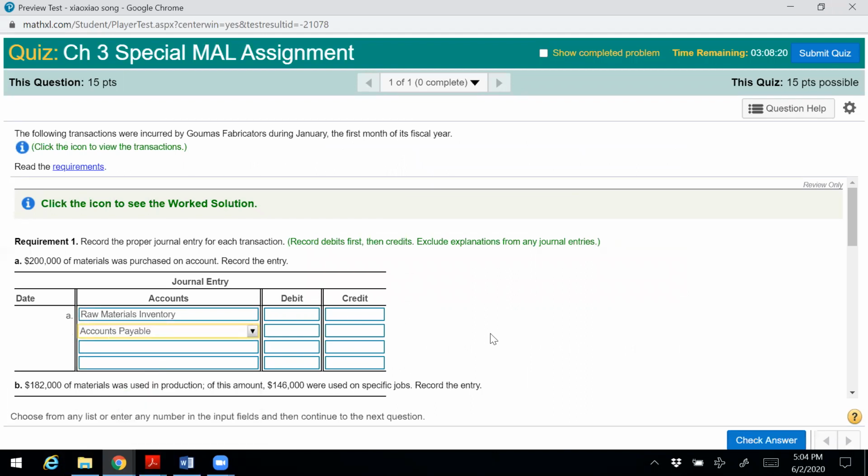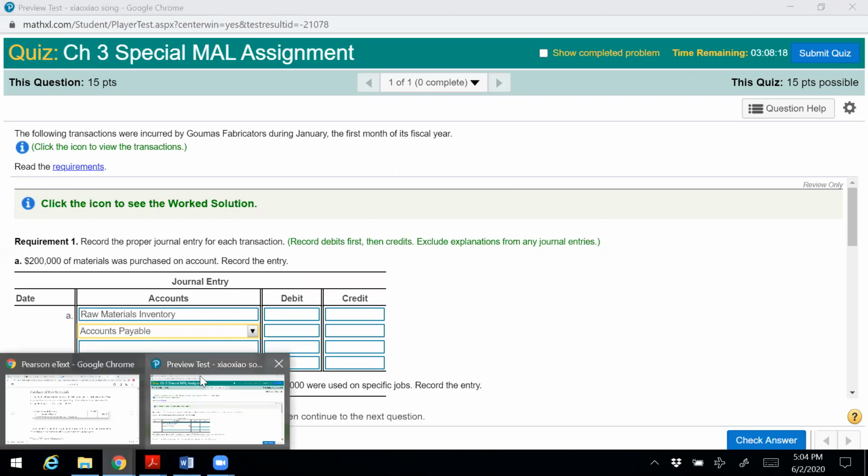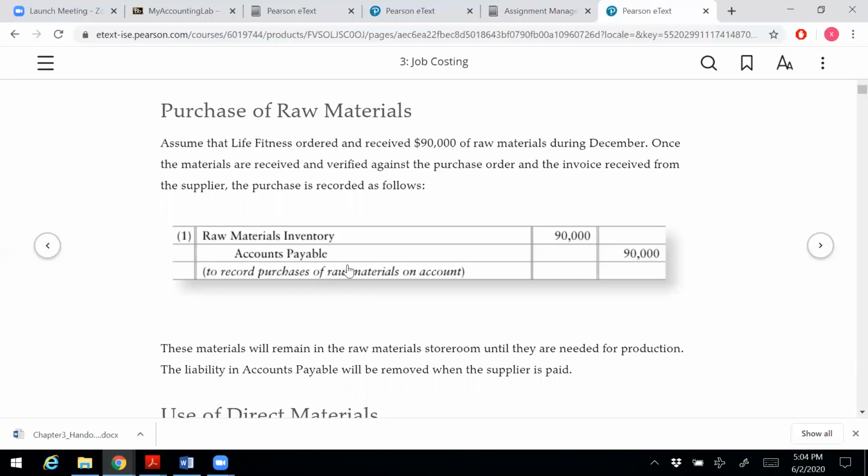My suggestion is read your textbook, get the logic, but also follow their format for your My Accounting Lab question so you can get 4 points. I don't want you to lose points because you didn't follow the format. So if they put a comma here, I would suggest you do exactly the same as your textbook shows.